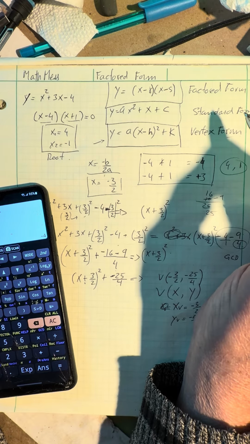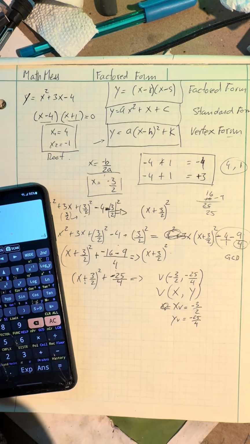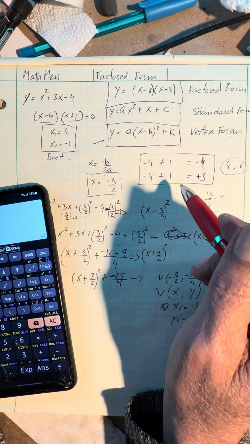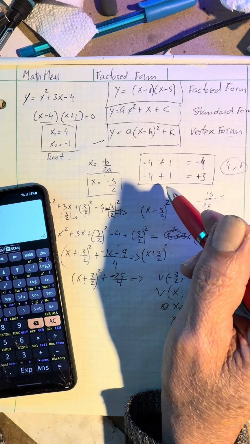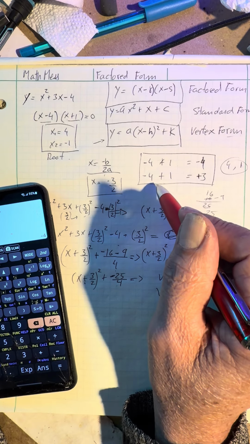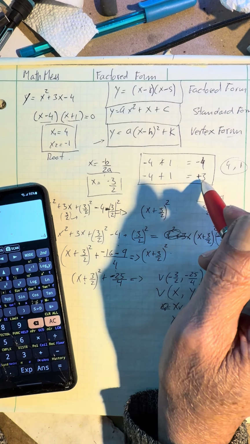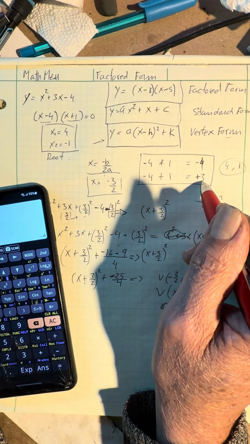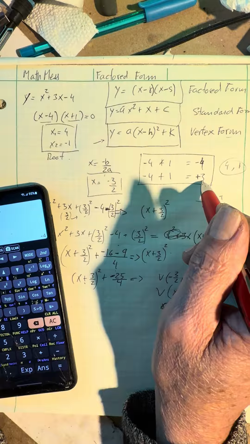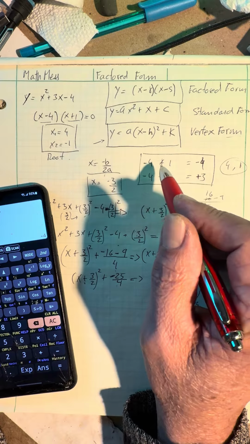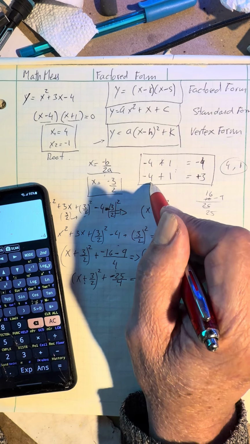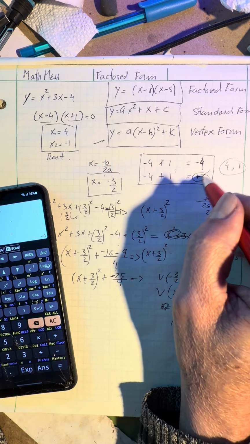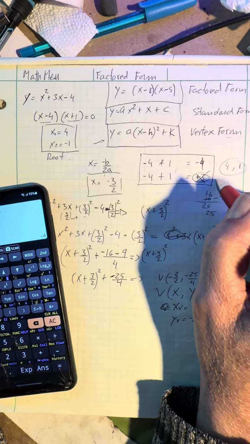Wait a minute. Oh wow, nobody said anything. Wow, how come they make so many mistakes, you know? This is correct on top, but on the bottom, this is not minus 3, it's minus 3.